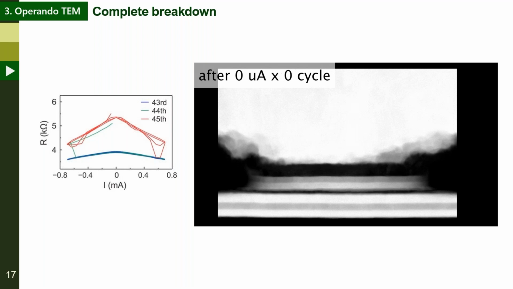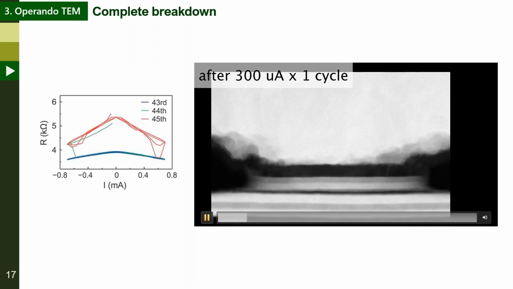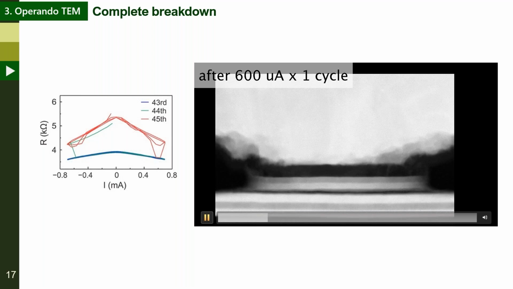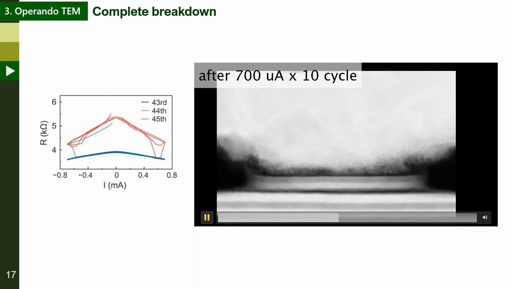After the 44th biasing cycle, the resistance jumps significantly. And then if we see the STEM images in this video, the STEM image revealed notable structural changes in the nanopillar device after these 44 cycles.